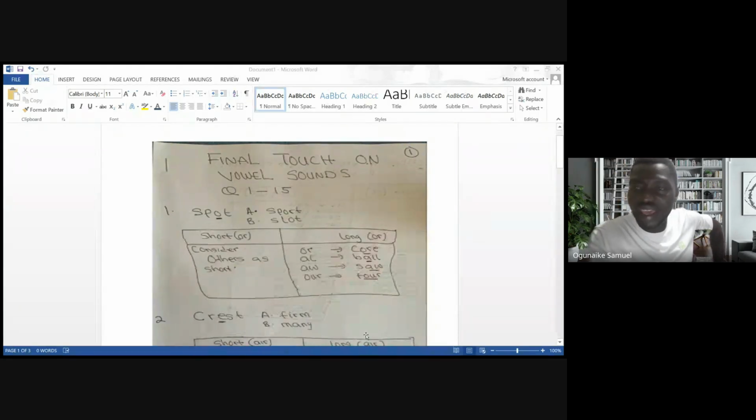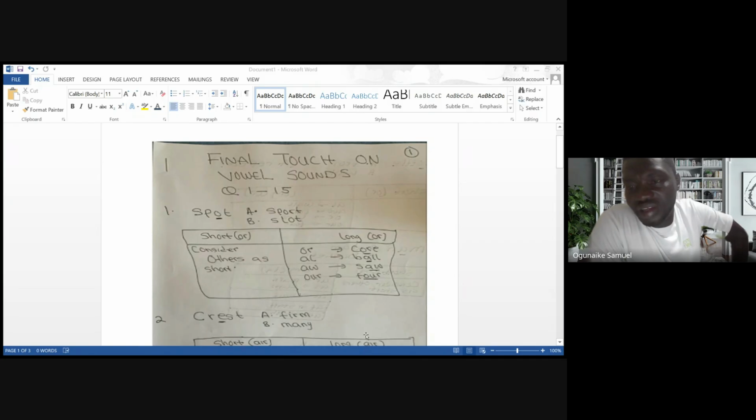So it's not the A in waste. I am not expecting WASTE to be the right option for WATER, because the A in waste sounds like A, but the A in water sounds like oh.